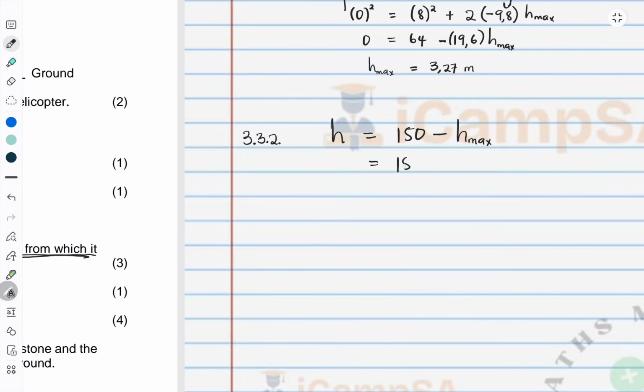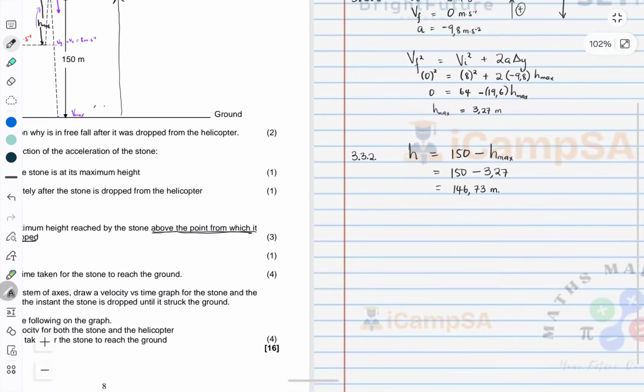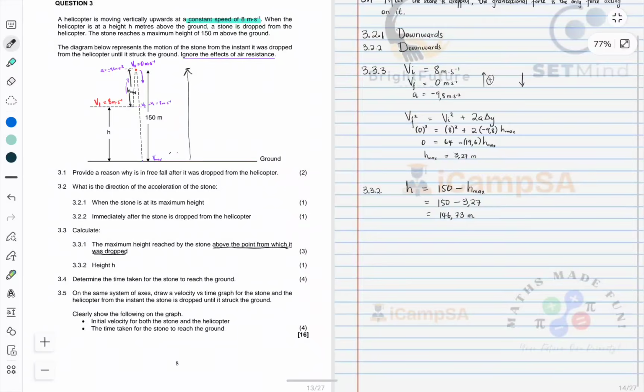So this is 150 minus 3.27, should be 146 point something. 150 minus, it's about 146.73 meters. Okay, so that's our height h. Okay, that was relatively straightforward.